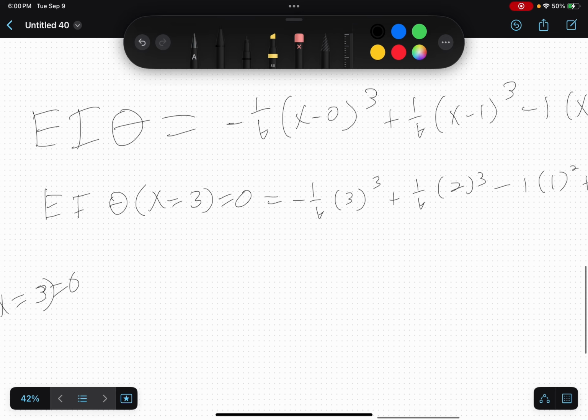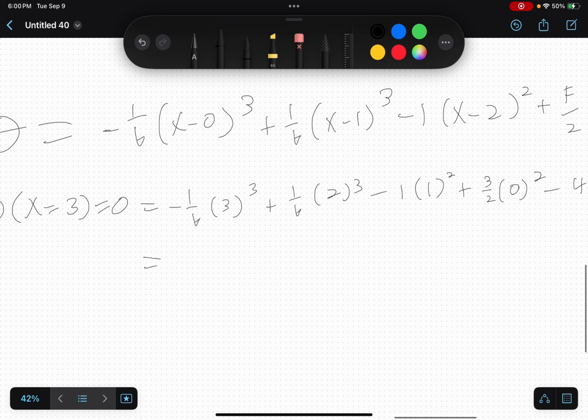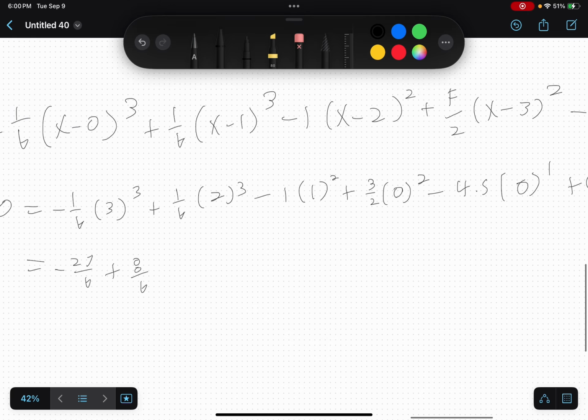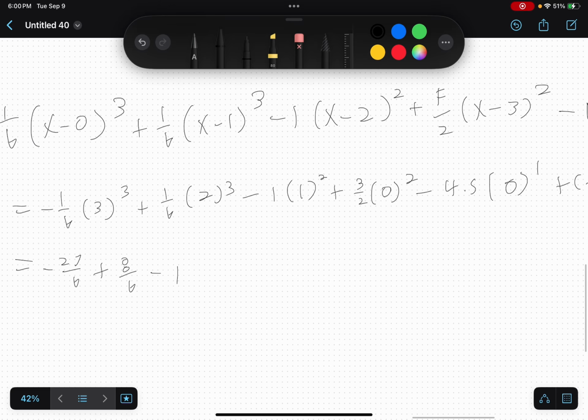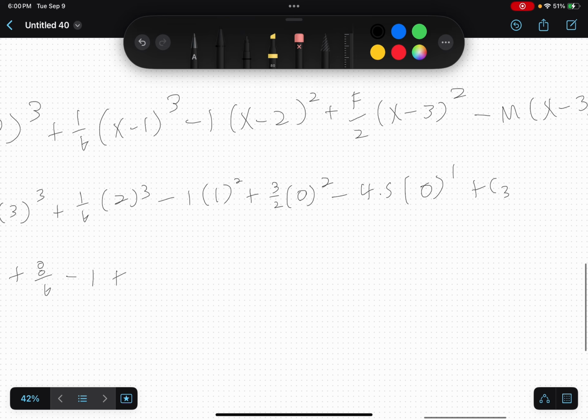This is not going to be fun. Oof. 27/6 plus 8/6 minus 1 plus, 0 squared is still 0, so that will go away.